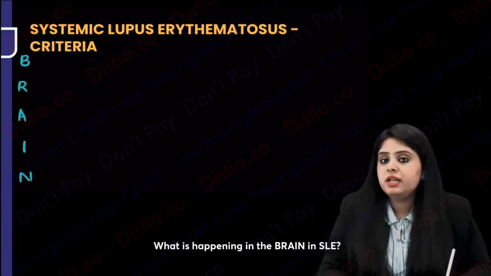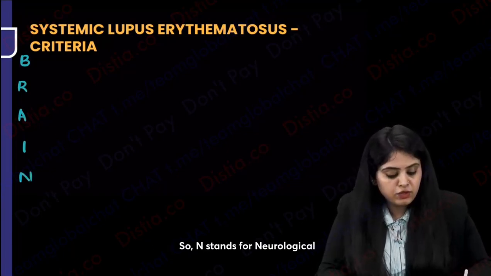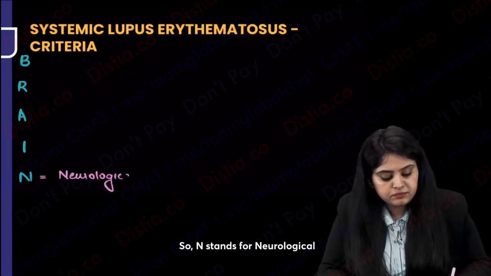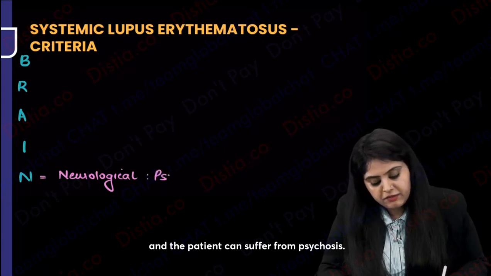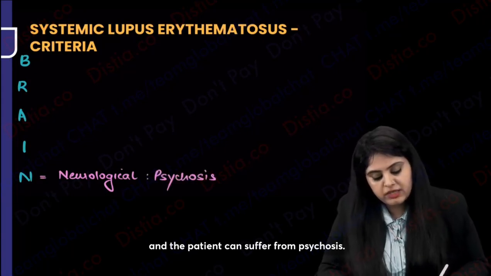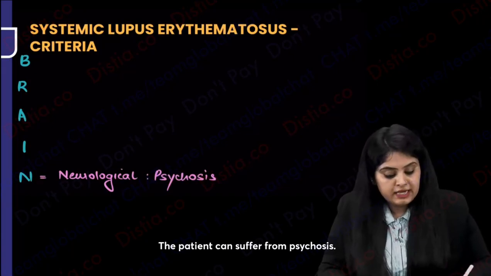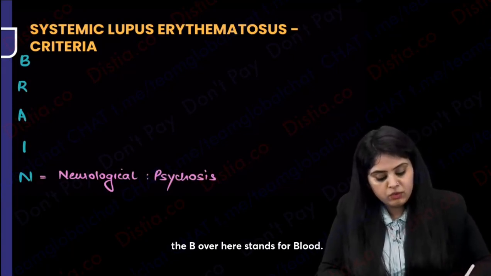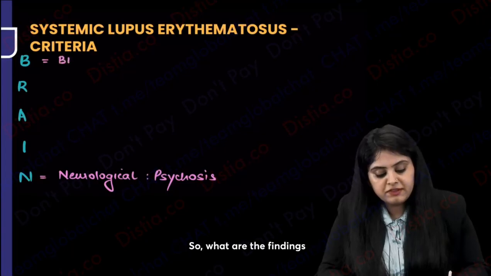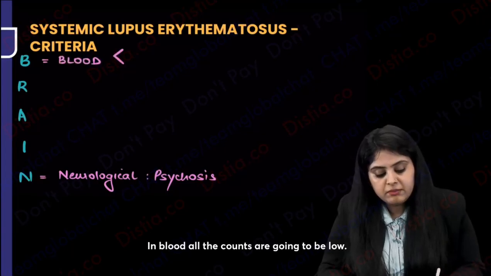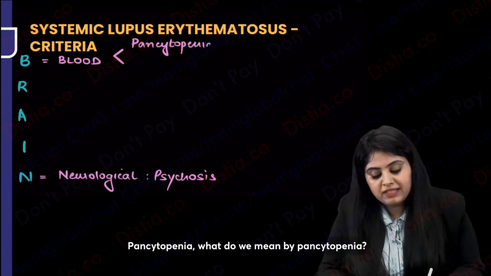What is happening in the brain in SLE? So N stands for neurological. And the patient can suffer from psychosis. Next, when I talk about B, the B over here stands for blood. So what are the findings that you find in blood? In blood, all the counts are going to be low. Pancytopenia.